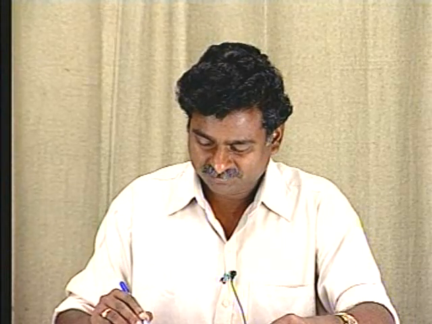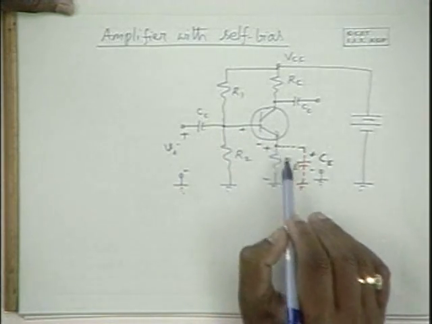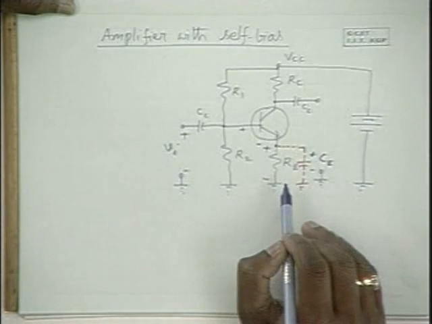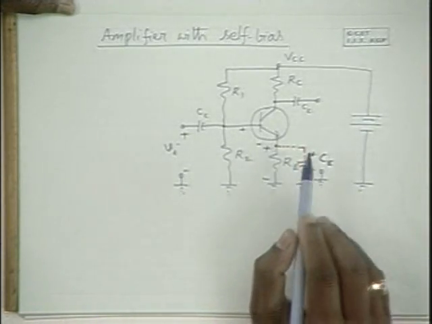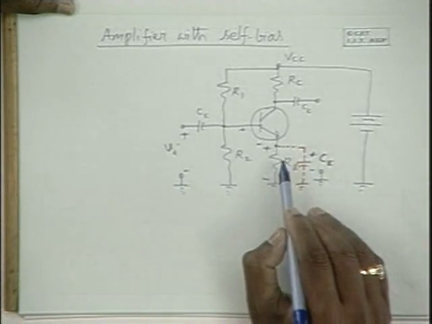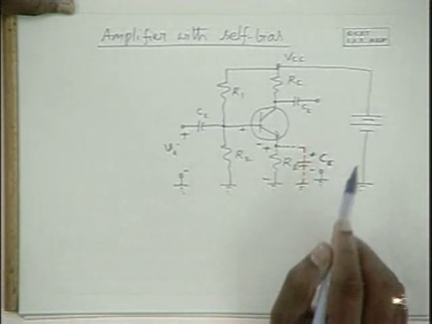And please note that as far as alternating signals are concerned, the feedback is negligibly small, or there is no feedback. Therefore, the gain stability, which I was talking about, cannot be obtained by introducing a bypass capacitance here.